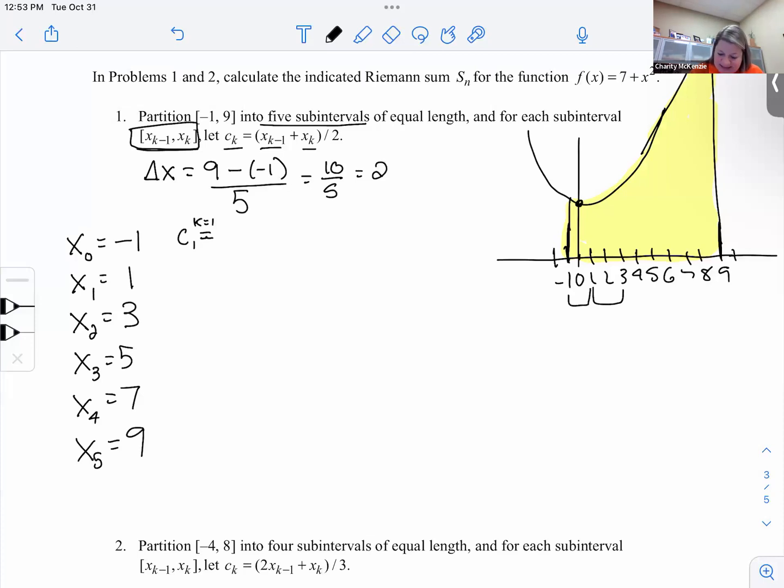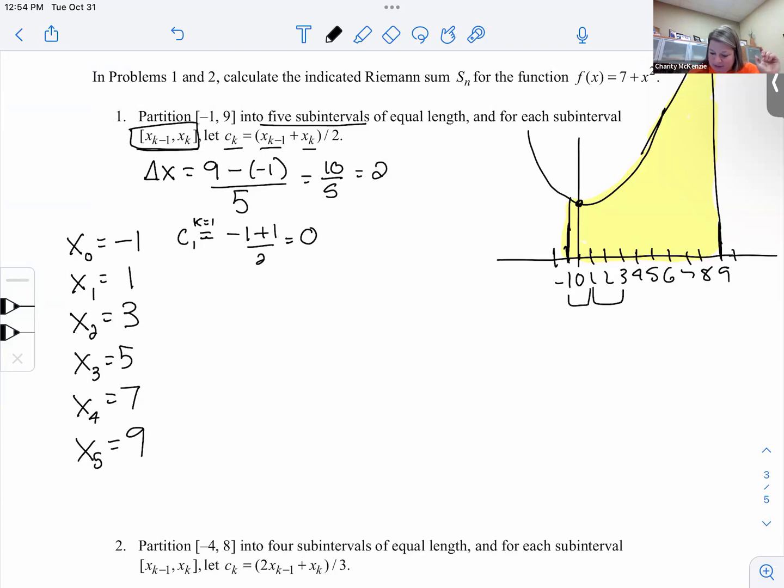And it is then saying, if k is 1, then you're starting at x sub 0 and x sub 1. Goodness gracious, it's so much notation. What is it really saying? It's trying to say start with the first number, add it to the next number, divide it by 2. So -1 plus 1 divided by 2 is going to give me 0.